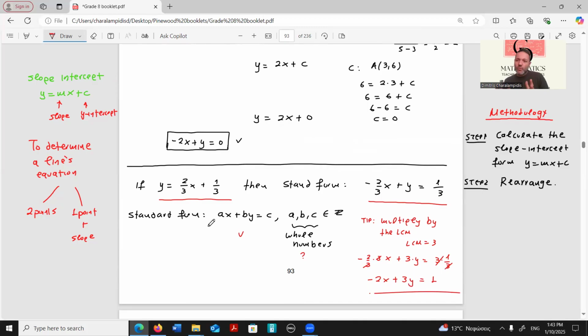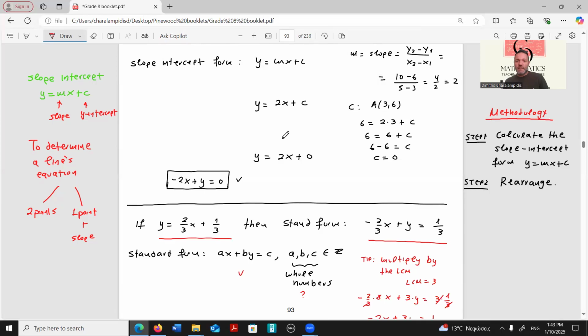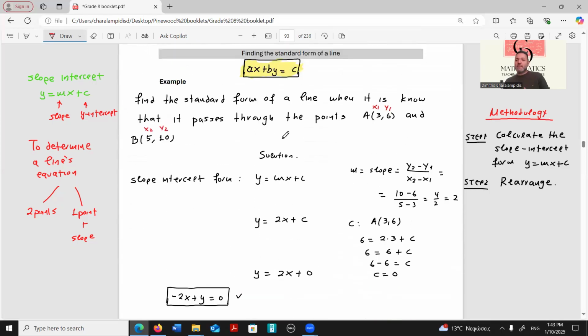So what should we keep from this video? We should keep the fact that standard form is just another way to express a line. Through this way, we have a line being presented as something times x plus something times y equals a constant number. The key here is that both x's and y's are gathered on the same side.